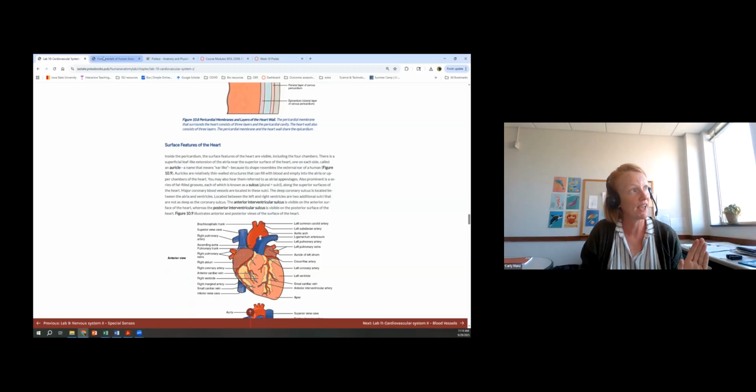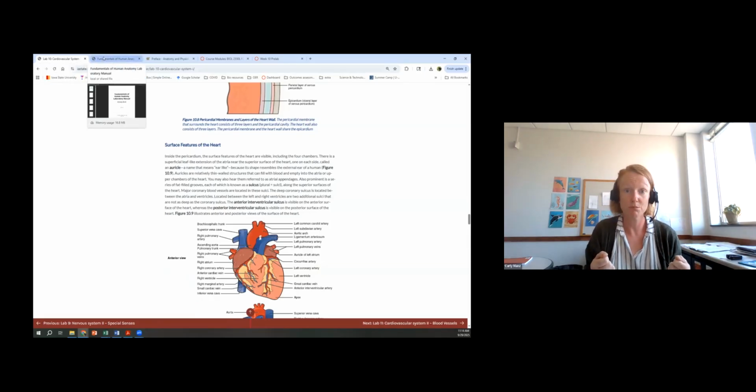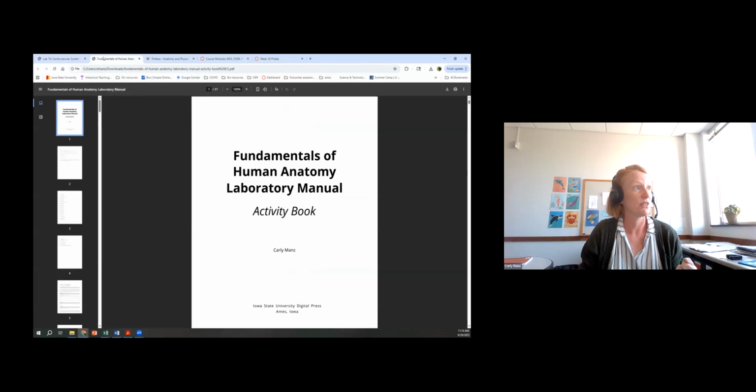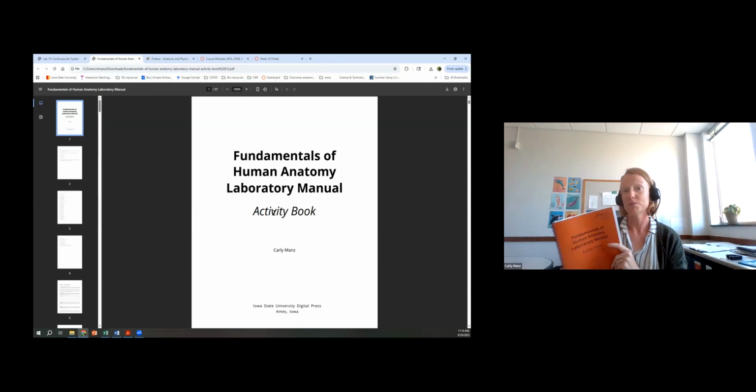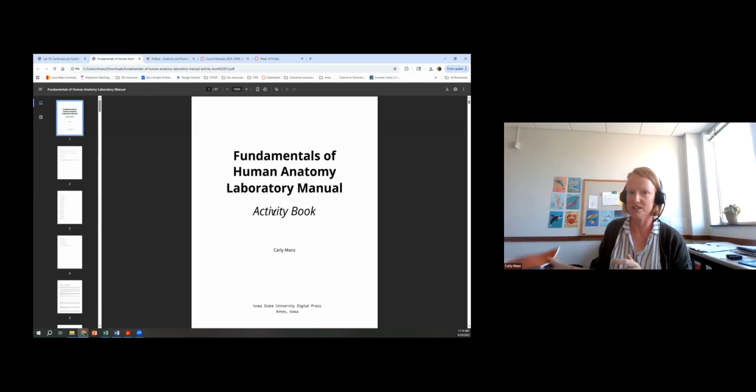And then we also had the printed activity book part. And so this is the PDF of it, but we made sure that we have the bookstore print it out, and then all the students get a copy. So this is what they have in lab, and it has like the instructions for how to do the dissections. It has all the questions that they can write the answers for.